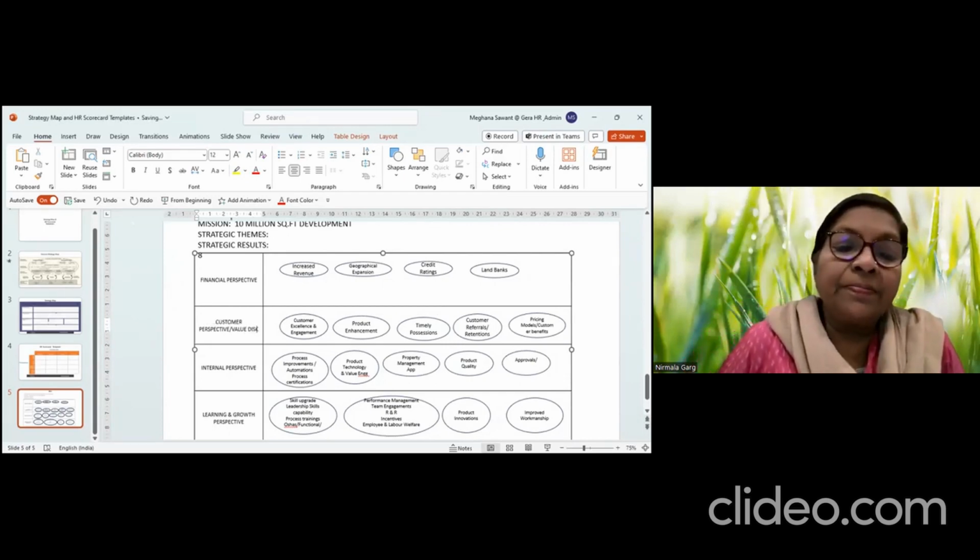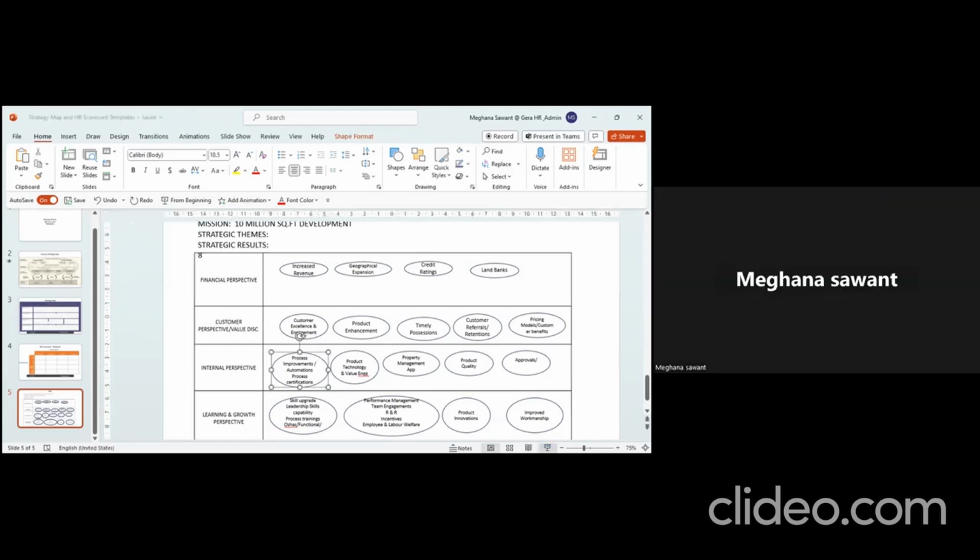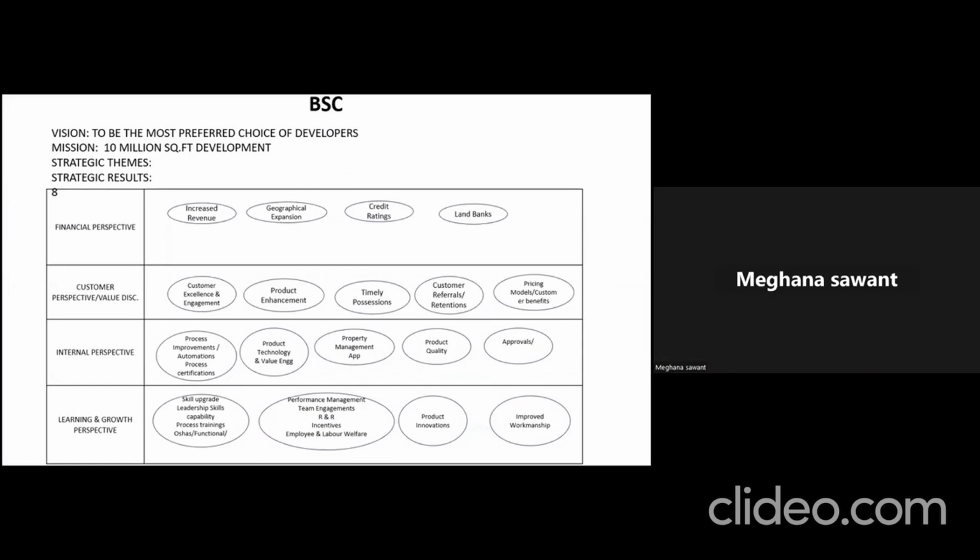Customer intimacy. As part of our customer perspective, the main objective that we want to deliver is customer experience, excellence and engagement.